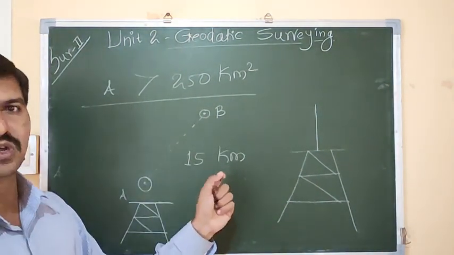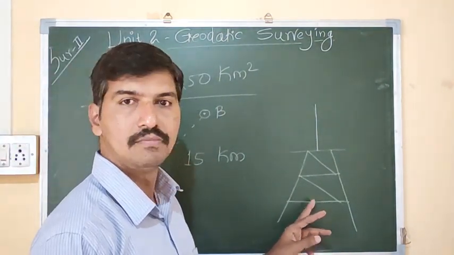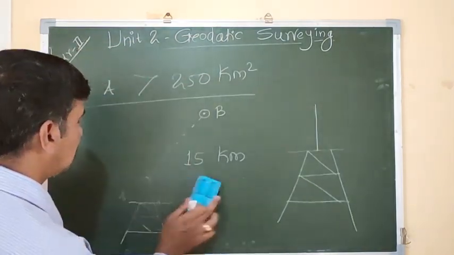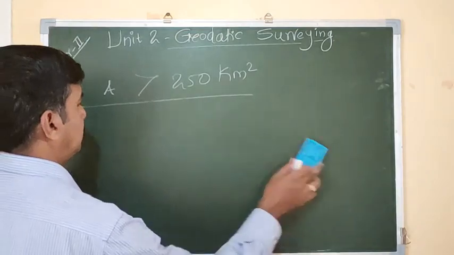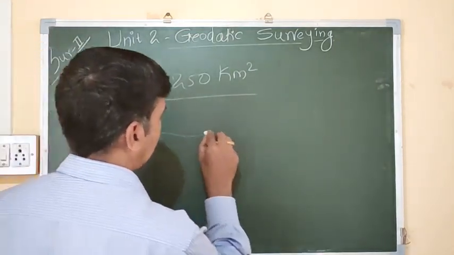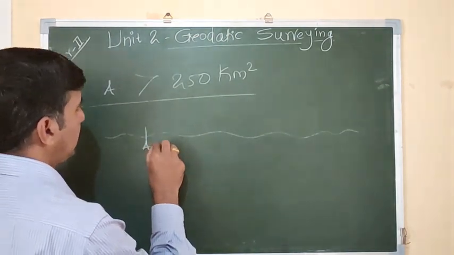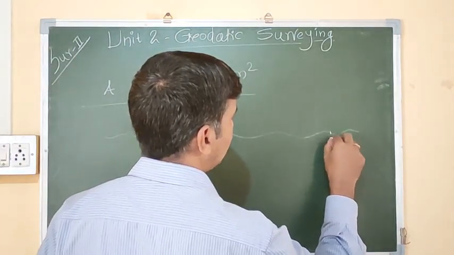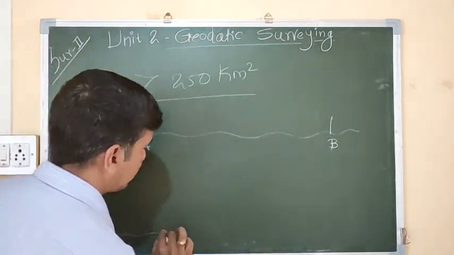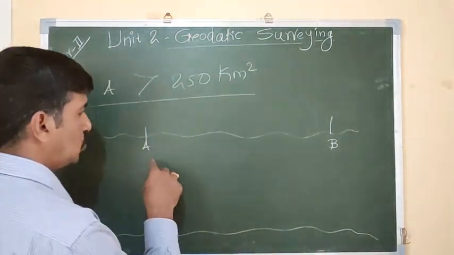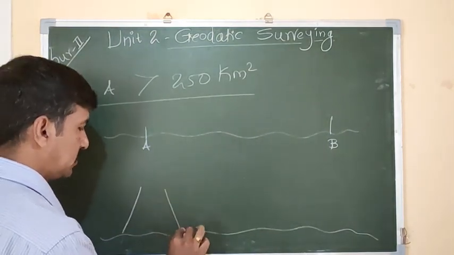Previous point was on the ground, but if you consider point B in a different image, let us suppose that earlier it was my ground level. Say here it is my point A. Say here it is my point B. But when I have constructed a small tower for intervisibility between point A and point B, so what happened?